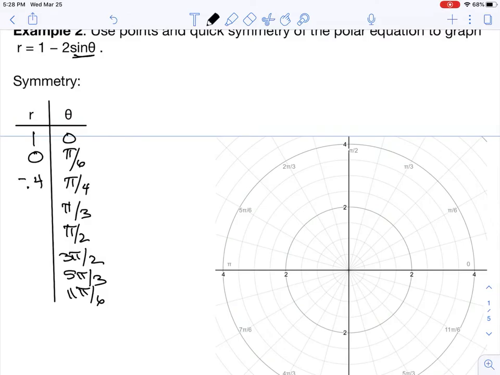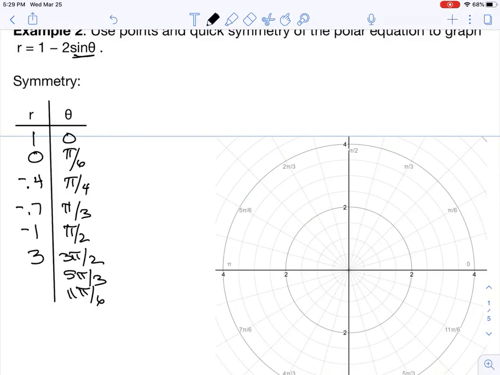For pi over 3, we're going to get negative 0.7. For pi over 2, that's going to be 1. 1 minus 2 is negative 1. All right, and then 3 pi over 2, that would be a negative 1. So it would be 1 plus 2, so that one's 3.